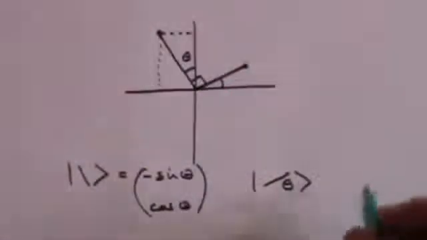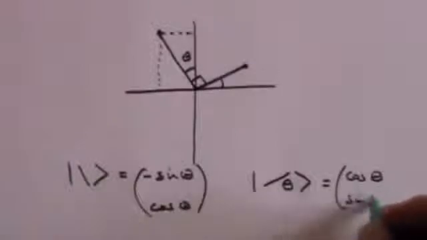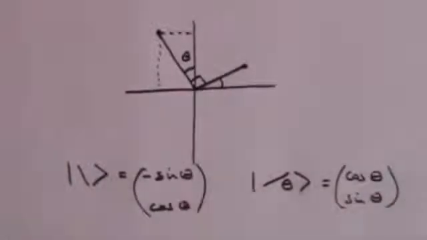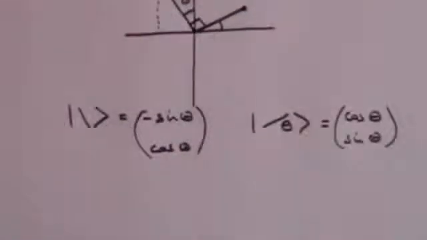That's that one, which just a moment ago we showed was cosine theta, sine theta. So I assert that those two are orthogonal eigenvectors. And of course, if they are orthogonal, then we know that their inner product must be zero. So we better just check that.